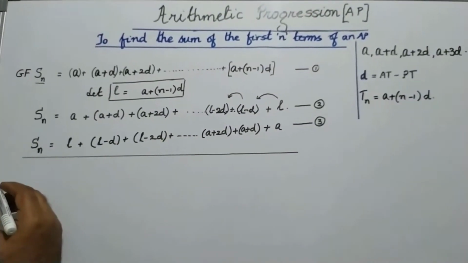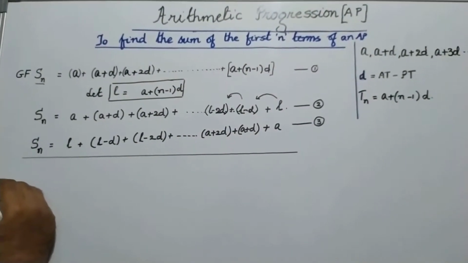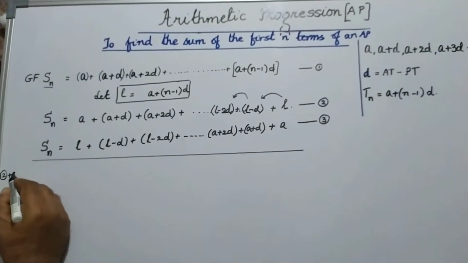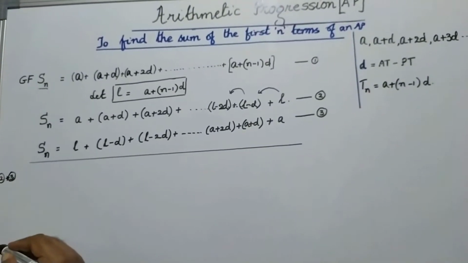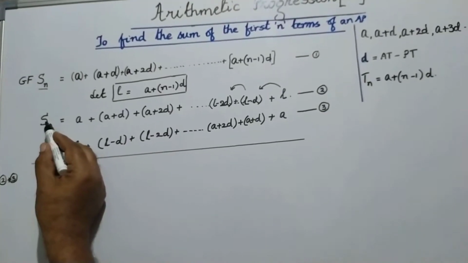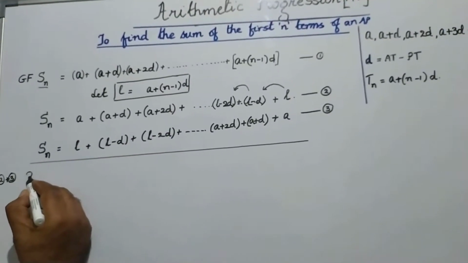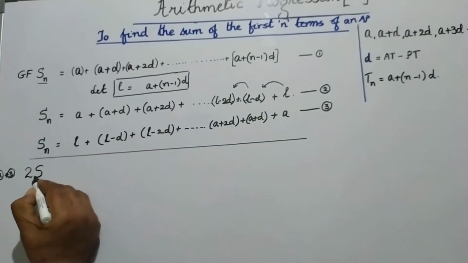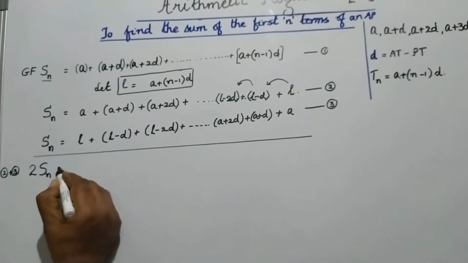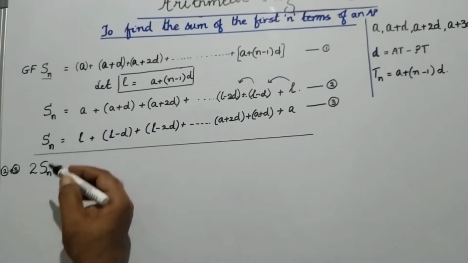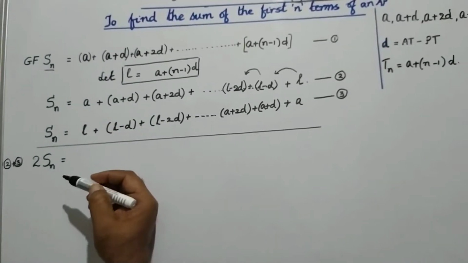Now we'll add equation 2 and equation 3. The left hand side, Sn and Sn, if I add, I'll get 2 times Sn equal to, term by term we'll start adding.